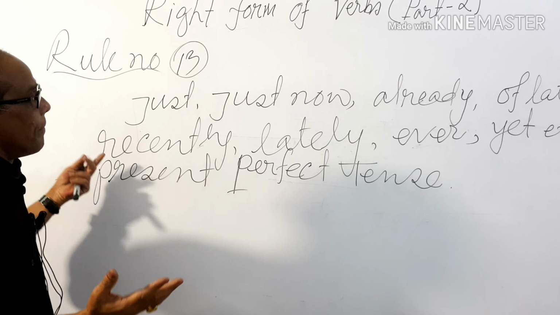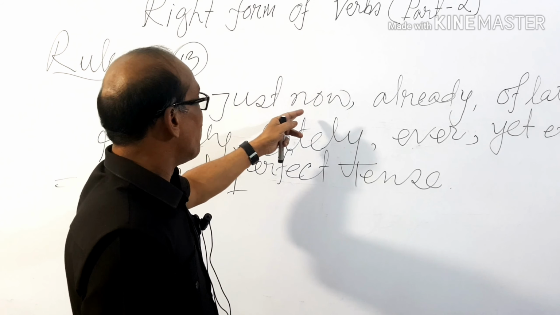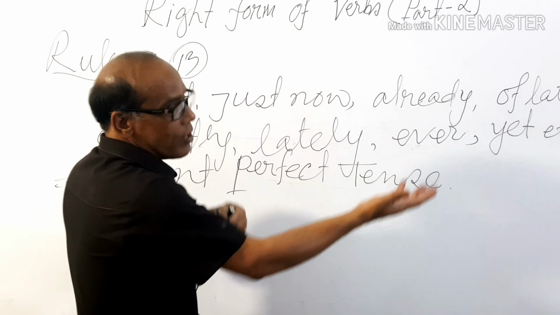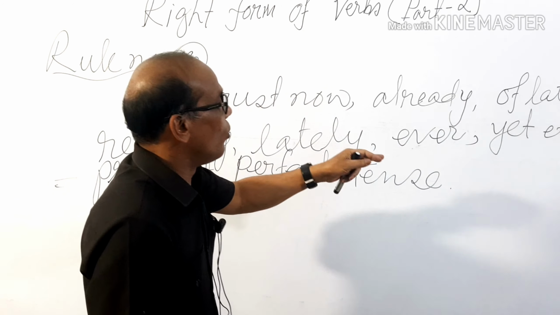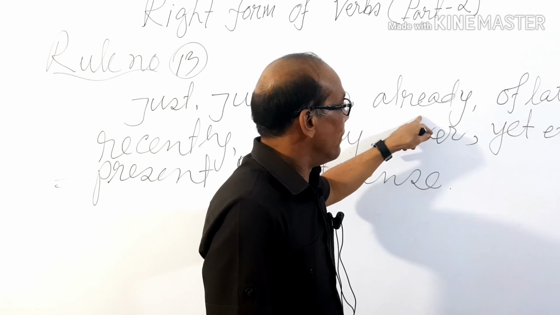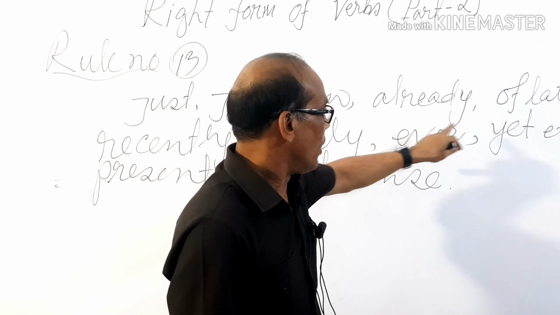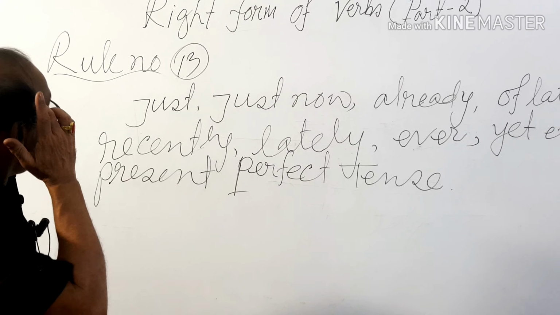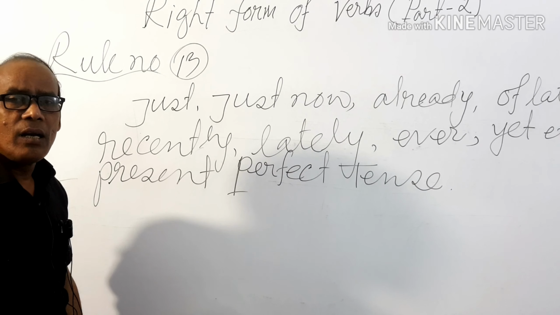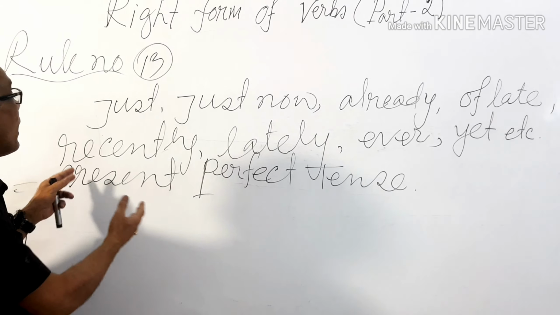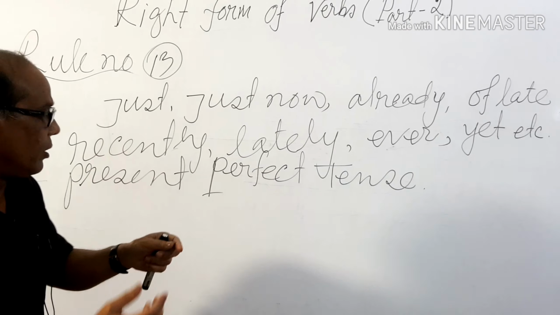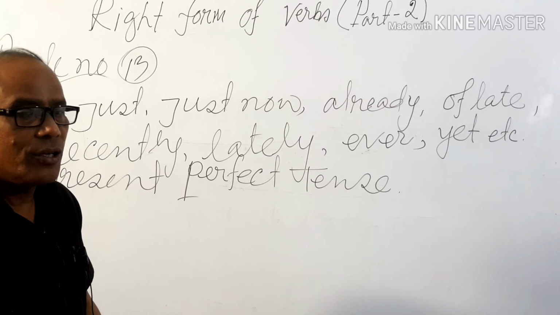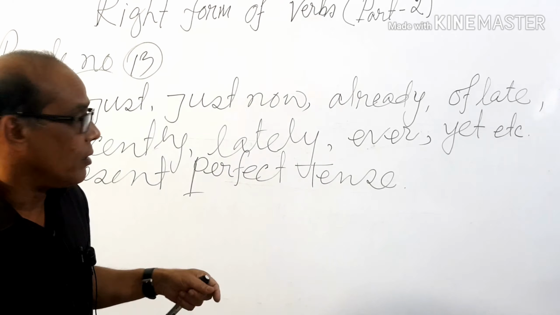He has just now come, or he has come just now. He has already come. He has already done the work. Of late, he has done the work. Recently, he has gone there, or he has gone there recently. Lately, he has met the man.